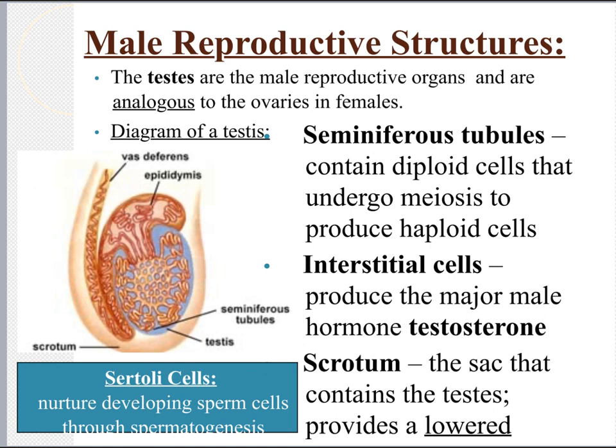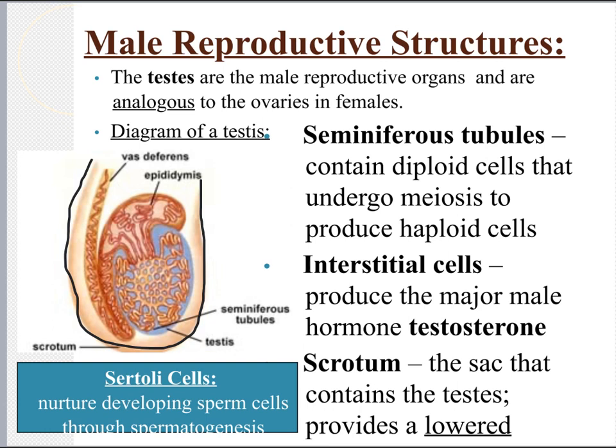Inside the testes. So, this outer sac here is the scrotum. The reason the scrotum is outside of your body, so males have a scrotum, is because the testes actually function best, sperm production functions best, at a couple degrees lower than your actual body temperature.